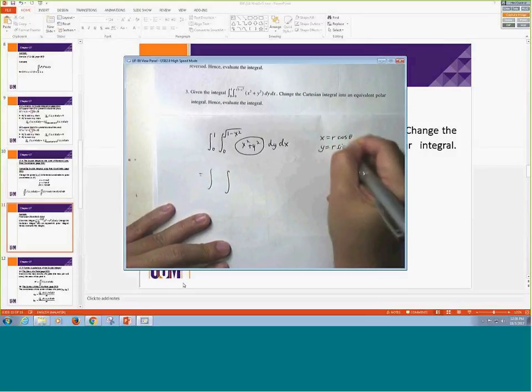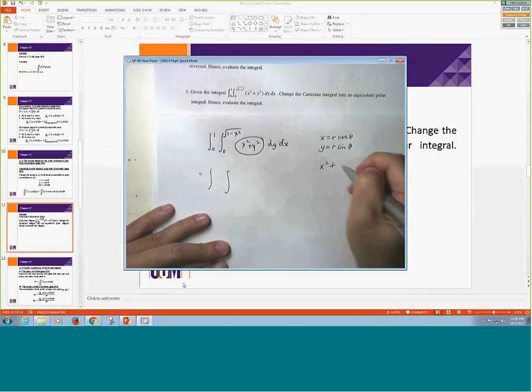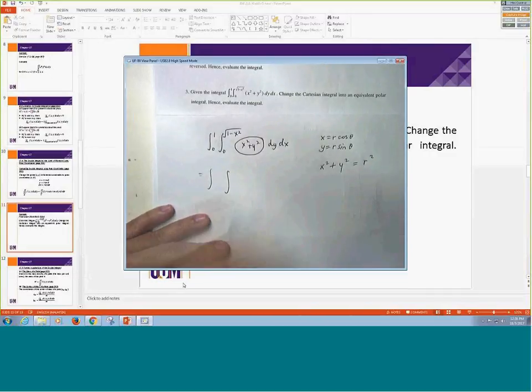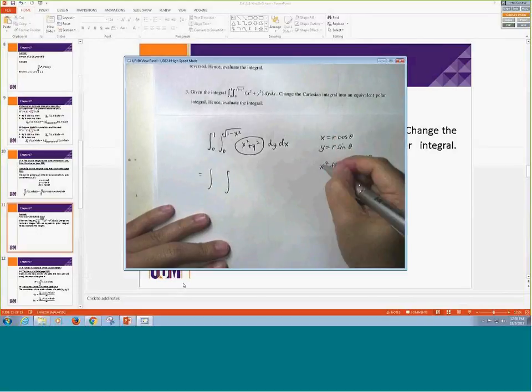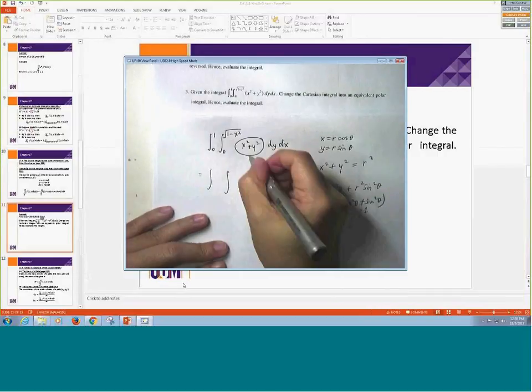So it's very easy to prove that x squared plus y squared equals r squared. When you have x squared, r squared cos squared theta, plus y squared, r squared sin squared theta, and you factorize r squared, cos squared theta plus sin squared theta is 1. That's why you get r squared. So x squared plus y squared becomes r squared.